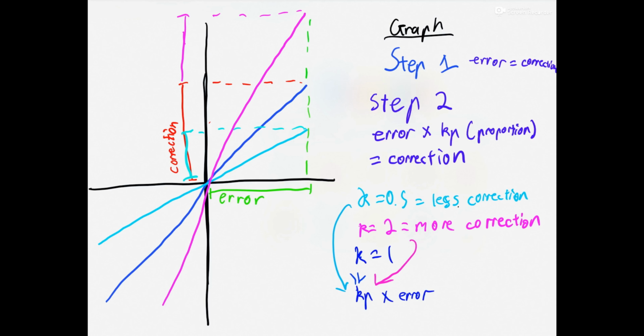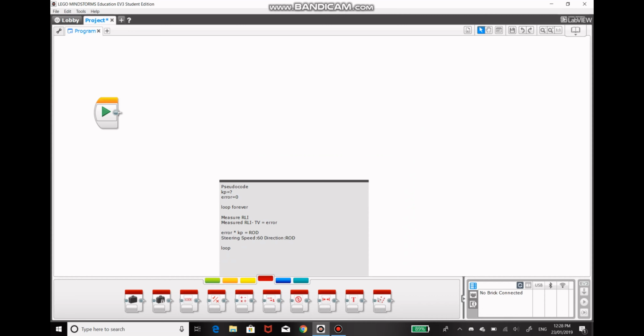Finally, let's see the program. Okay, here is our proportional line follower. Our first step is to set up the two variables that we need to use later in the program, which is the proportional constant, which is Kp, and the error variable.